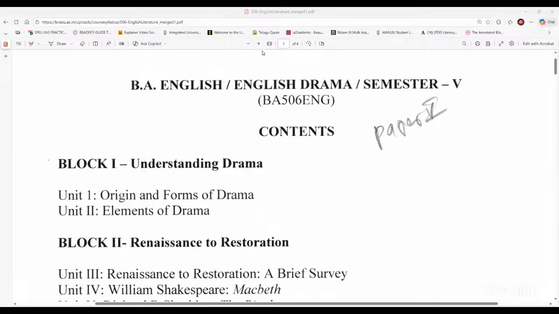So these are five different elements or components of plot. Remember, we are talking about elements of drama. Among six to seven different elements, the first one we have brought into discussion, that is plot. Now we will move to the second element of drama, that is character.